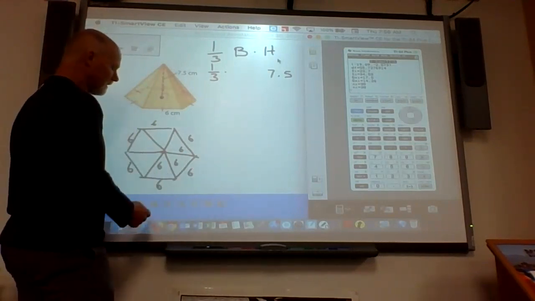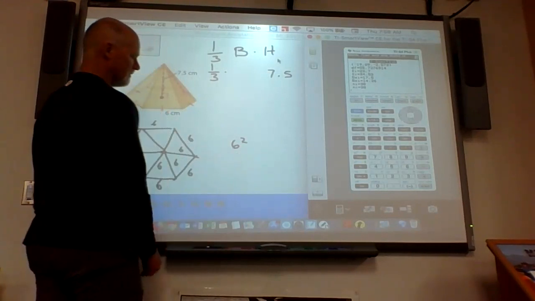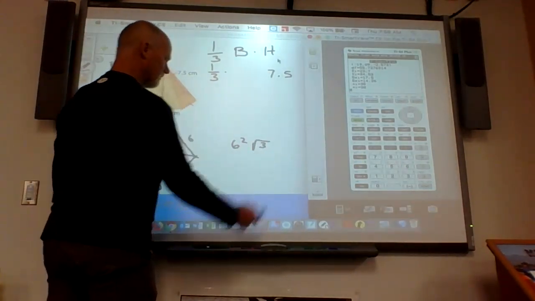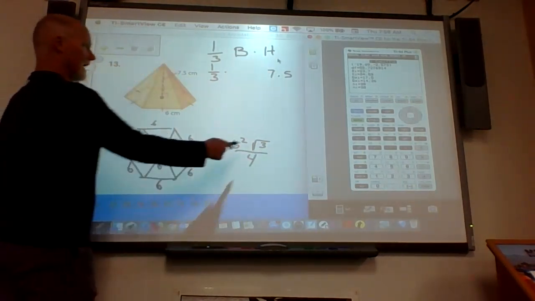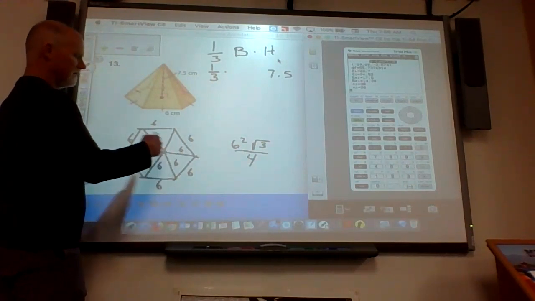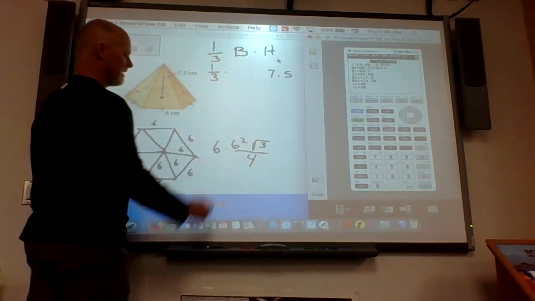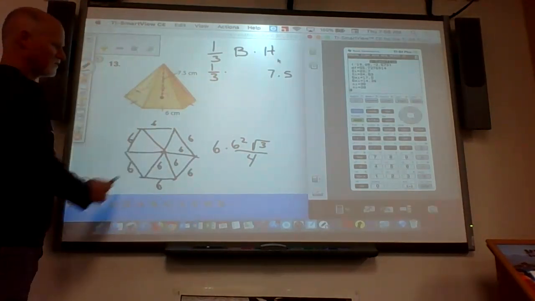If we use the equilateral triangle formula, it's 6 squared radical 3 divided by 4. That would be the area of only one of the triangles. I would need to multiply that by another 6 because there are 6 triangles.